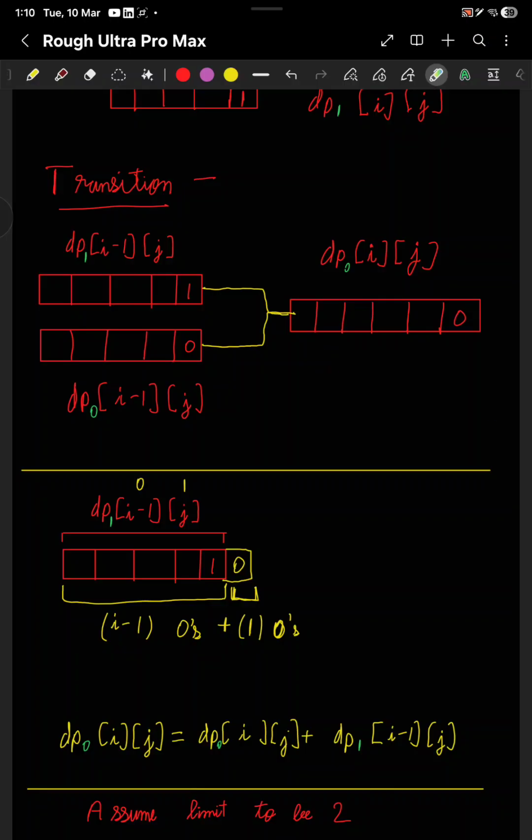Now let's assume that these are all possible arrays of some size that are ending with 0. This is represented by dp of 0 of i comma j.